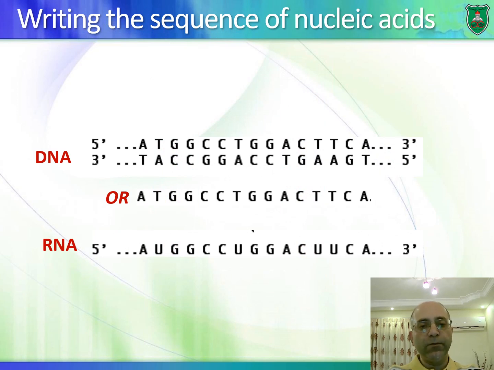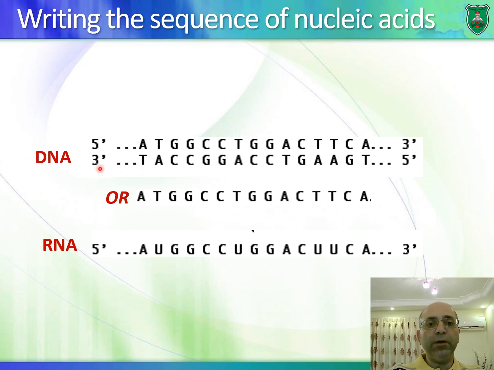Now, whenever, by the way, we write the sequence of nucleic acids, we can do it in different formats. So for DNA, I can do it this way. For one strand, 5', A, T, G, G, C, C, etc. Now, I can write the opposite strand as well, and it has to be anti-parallel and complementary as well.